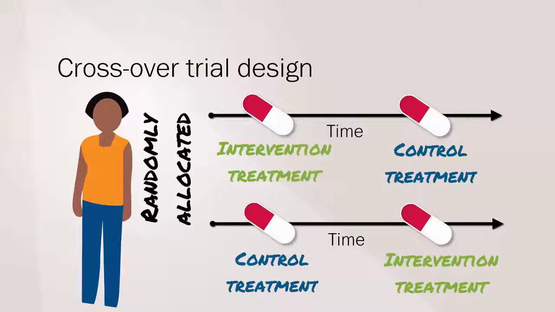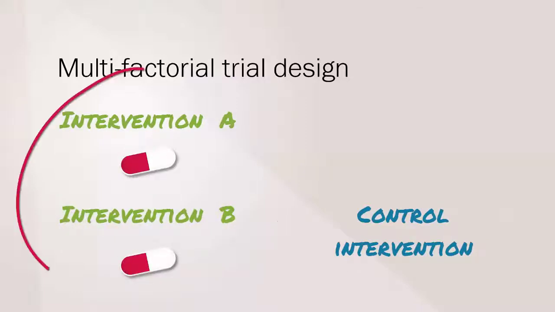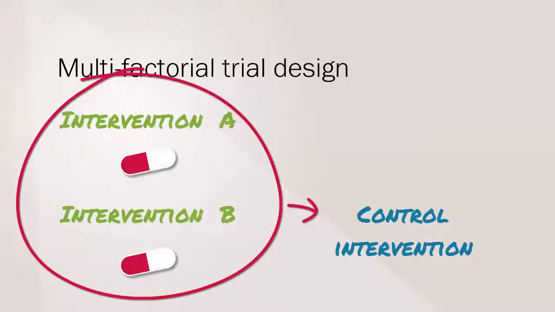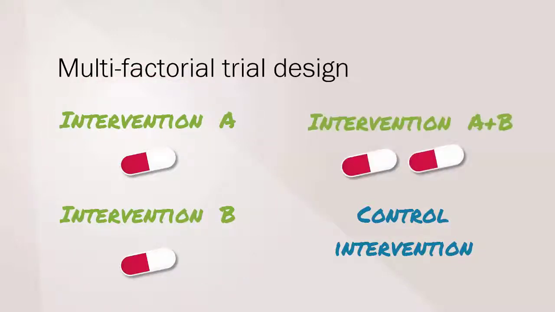The advantage of this is that the only difference in the groups is the different treatment, because all other characteristics are identical. However, this design is only suitable for trials where the treatment does not have long-term effects. In the multifactorial trial design, 2 or more interventions are compared against a comparison group. The interventions may be applied singly or in combination.